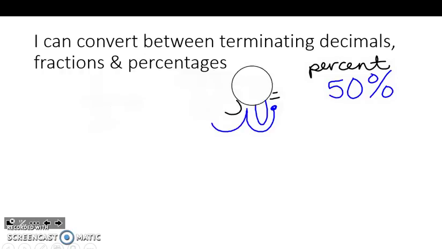All right, let's do another one. This time I'm going to give you a percent. So if I give you 37%, you can either do a fraction first or you can do a decimal first. It doesn't really matter. Let's do the decimal first.